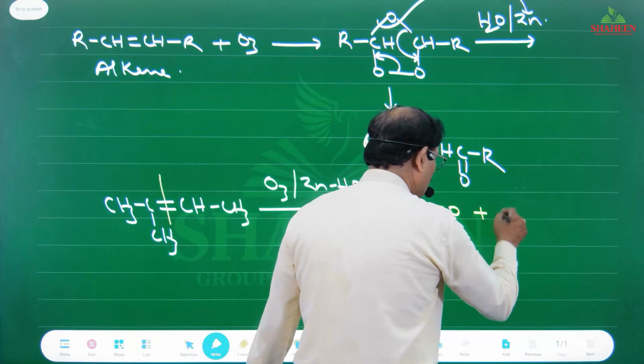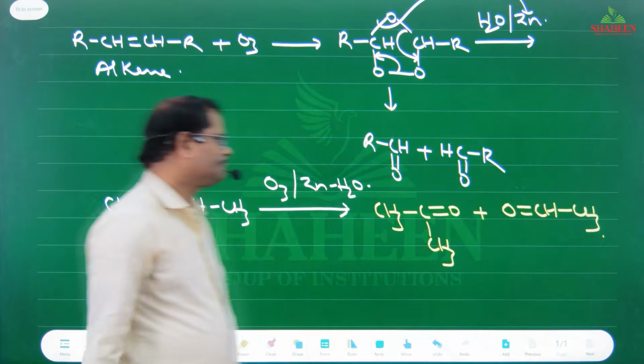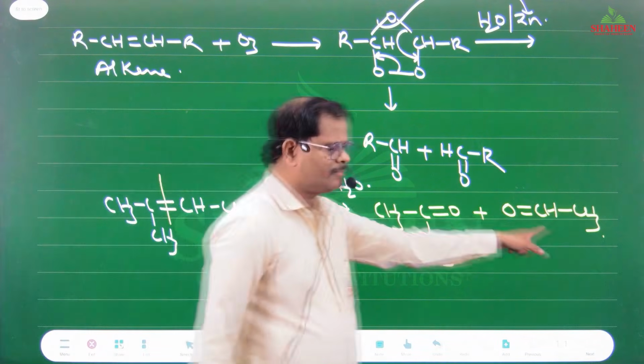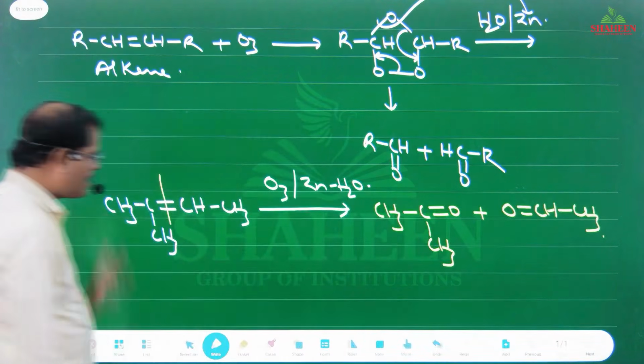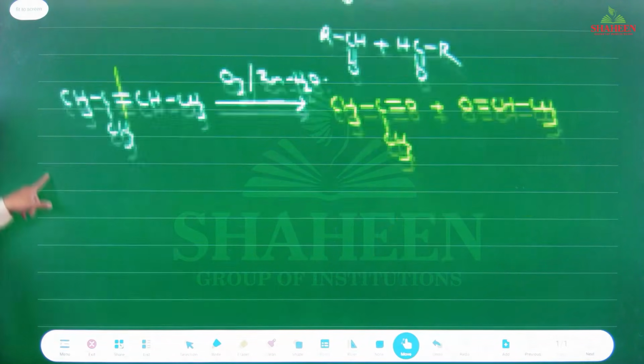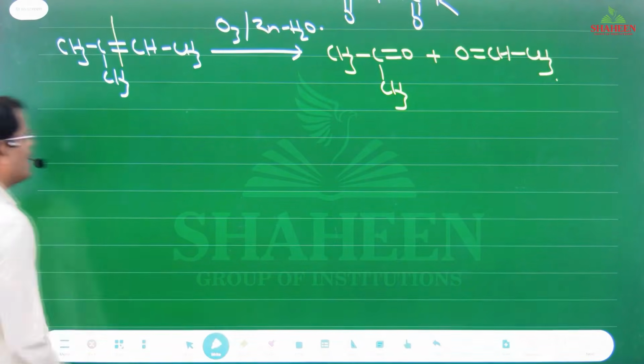So here, O double bond CH and CH3. In this way we get both carbonyl compounds. Here this is a ketone, this is an aldehyde. Whether it is an aldehyde or ketone is decided by the structure of the alkene. Based on the structure of the alkene, we can get similar or different types of carbonyl compounds.